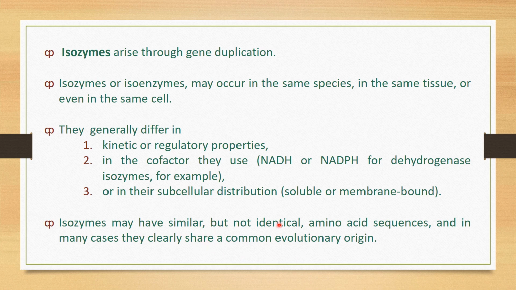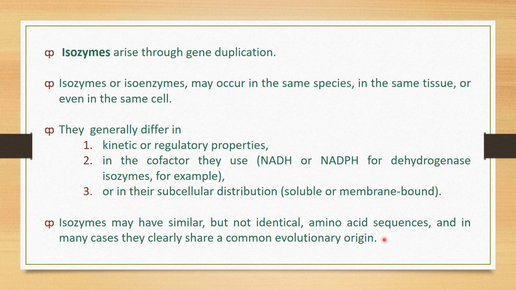That means they have a common evolutionary origin. That is why they have similar sequences, but due to need, through natural selection, they gradually develop slightly different amino acid sequences to produce these isoenzymes.